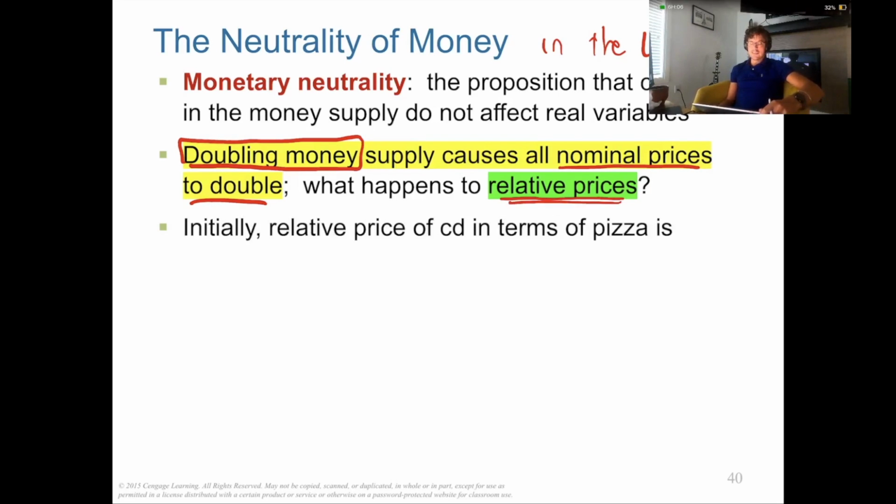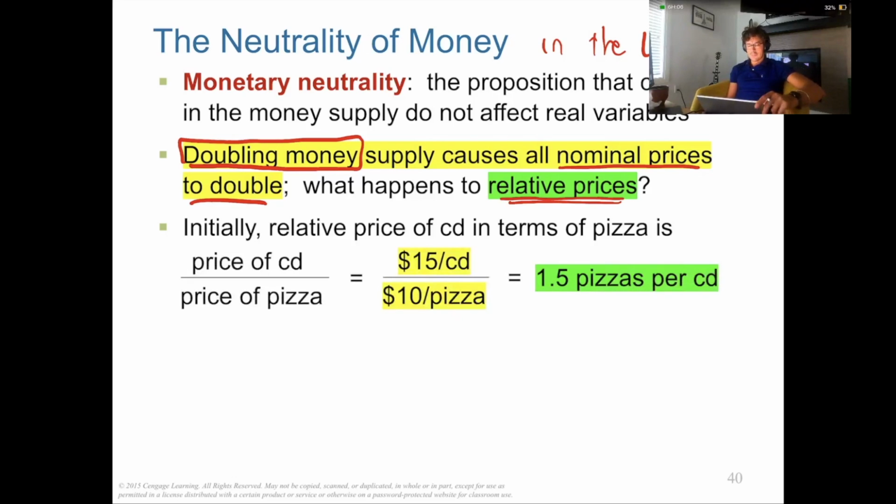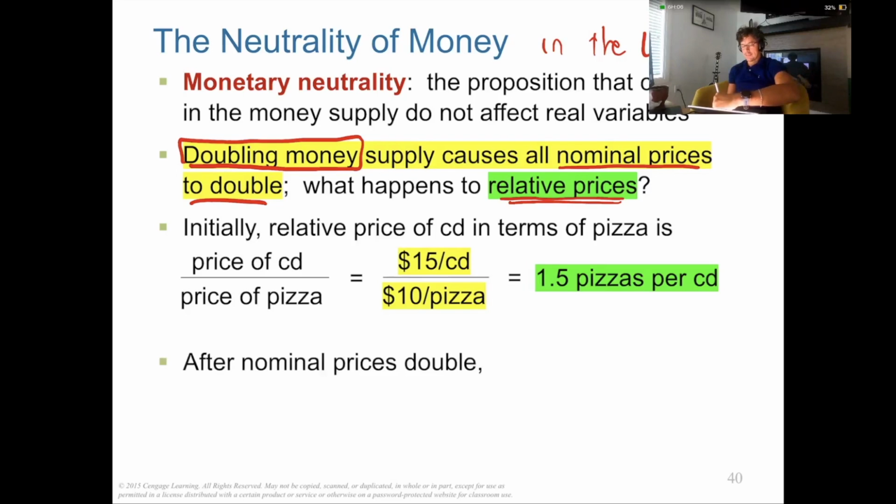Initial relative price of CD in terms of pizza is, let's suppose, 1.5 pizzas per CD. Okay? It's $15 per CD, $10 per pizza, so it's 1.5 pizzas per CD. After this increase in the money supply, let's suppose that the prices double.